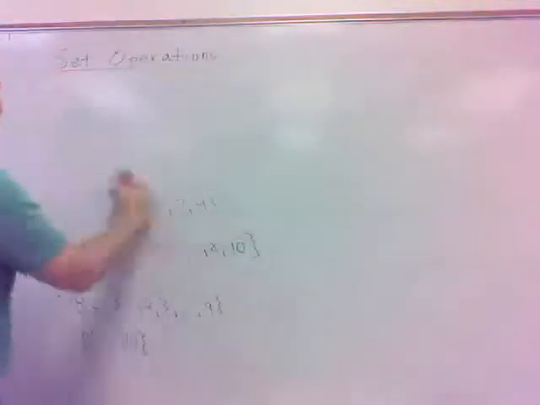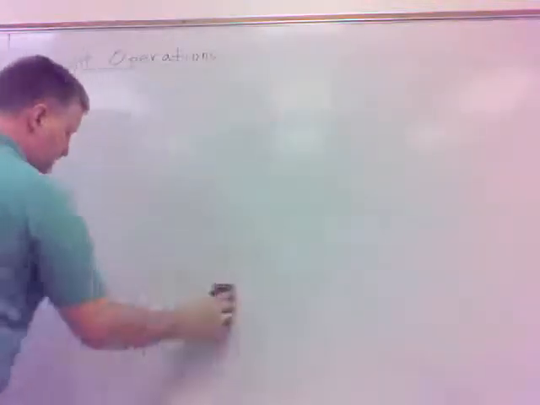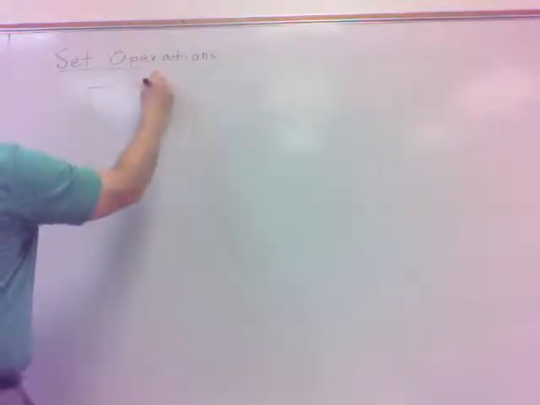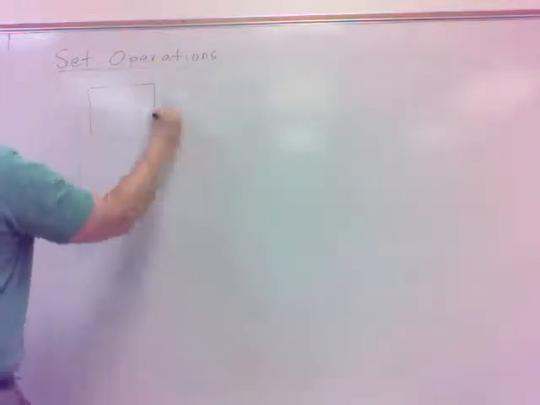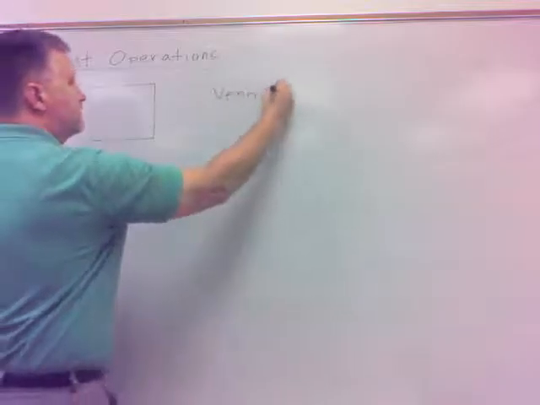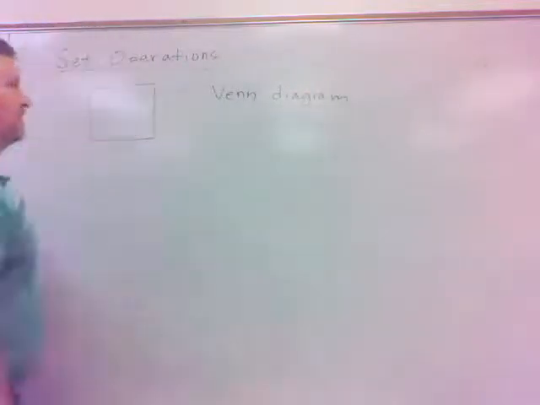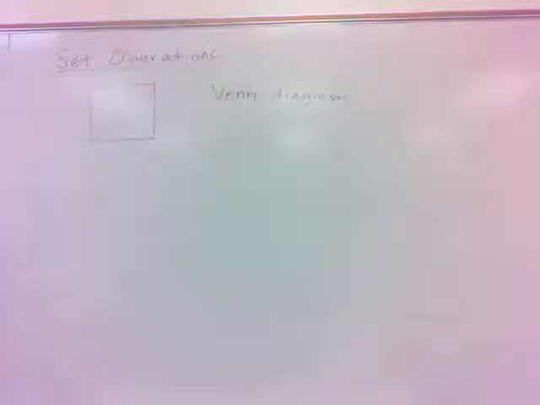And the Venn diagram is just a way to pictorially represent sets. Venn diagram. All a Venn diagram is this: you start with a rectangle, that's your universal set.